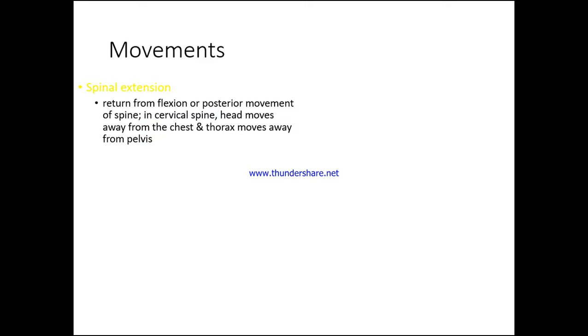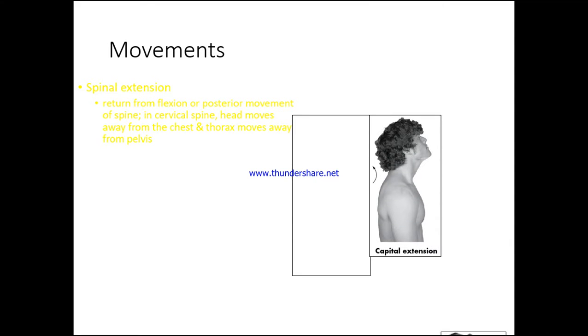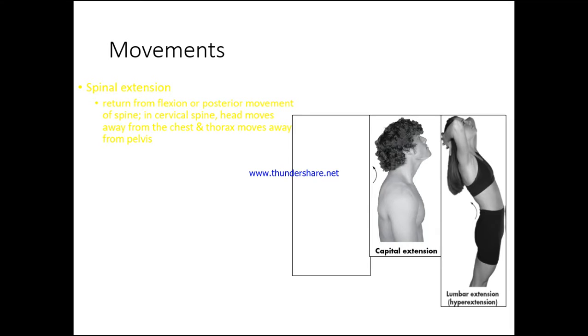Spinal extension is the return from flexion, or posterior movements of the spine. In the cervical spine, the head moves away from the chest and the thorax moves away from the pelvis. So I'll just go back there. You can see cervical extension, lumbar extension. And you'll remember, as I mentioned in my previous lecture, kyphosis, lordosis, scoliosis.